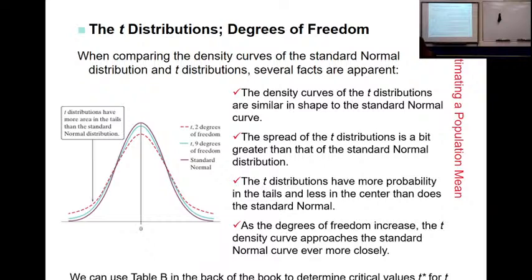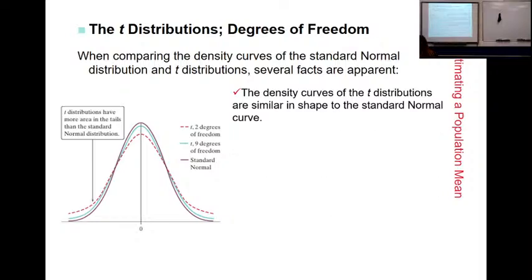So, depending on the sample size, the distribution is going to look slightly different. Therefore, the t-score, the critical value that I use in my confidence interval, is going to be slightly different depending on the sample size. And what we're actually going to put in the calculator or look at the table to determine is something called degrees of freedom.